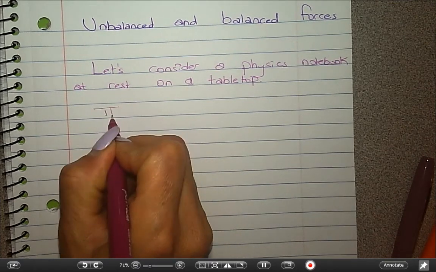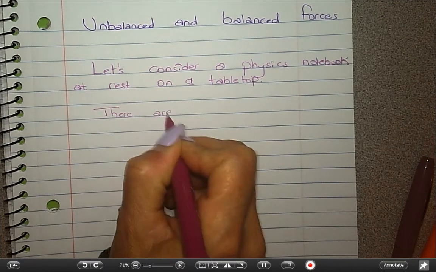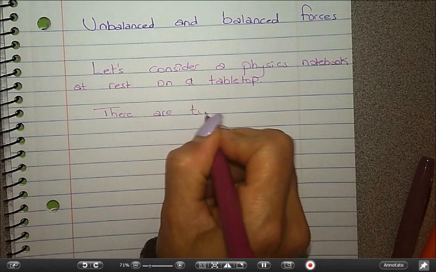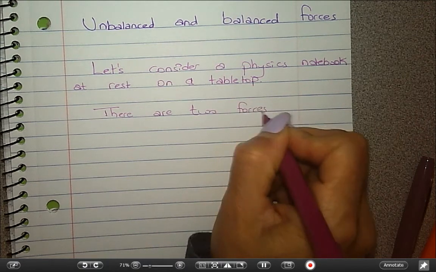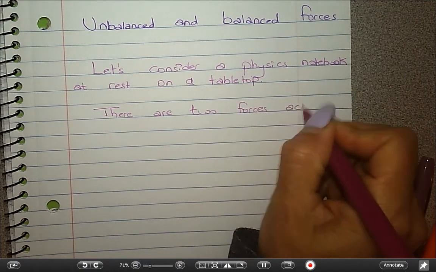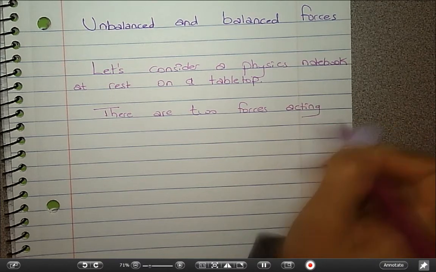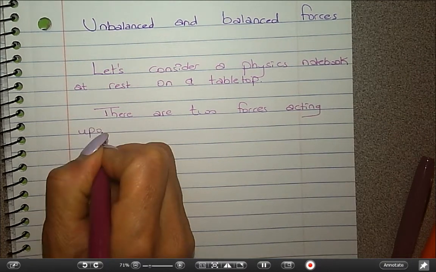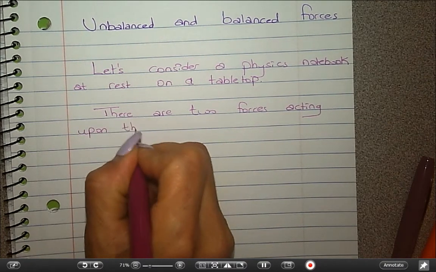So there are two forces. I'm just summing up what I said, acting upon the book.